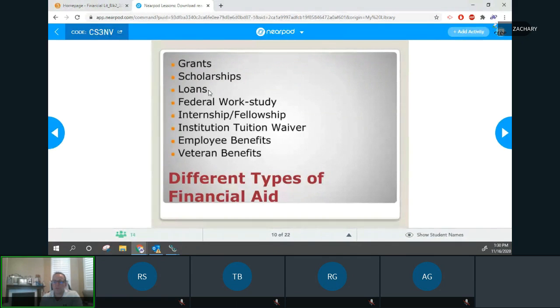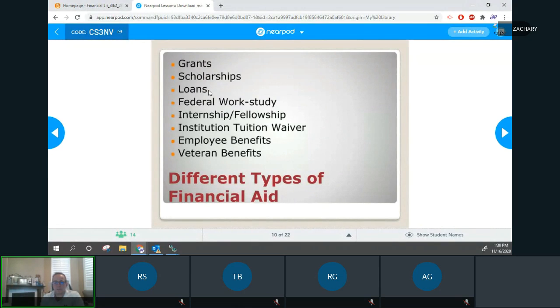Institution waivers. If you work for the university, like as a registrar or something like that, they will waive part of your tuition, or sometimes all of it, depending on how much you work there, if you're working full-time or part-time.